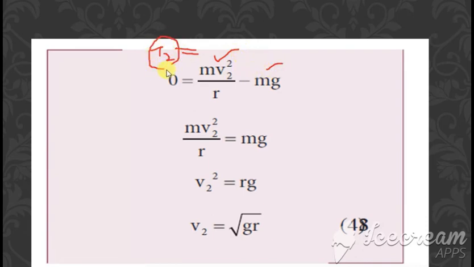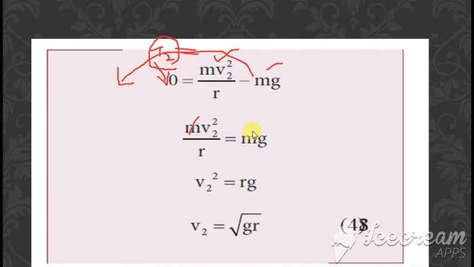But the value of T2 is 0, so 0 is equal to half m v2 square by r minus mg. Now bring this term to this side, so the minus becomes plus, and we get half v2 square divided by r is equal to mg.